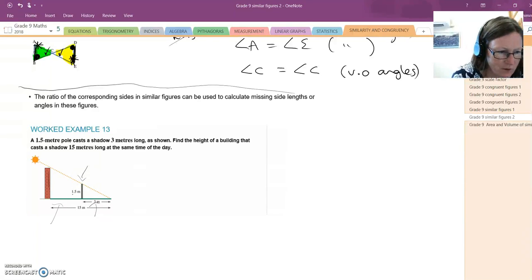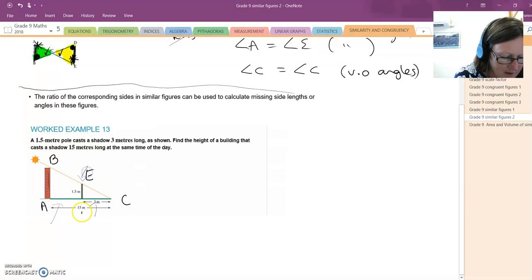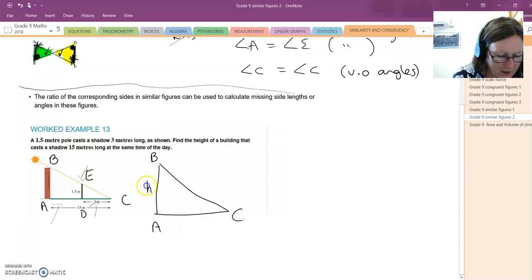So I'm going to draw out the two triangles. I'm going to call this B, A, C, and this E, and this D. So I've got a triangle ABC. I'm trying to work out this height here. I know this is 15, and that angle is there, that angle is there.